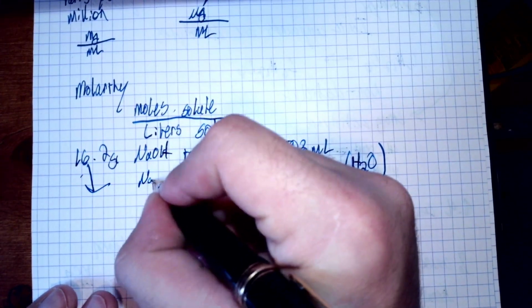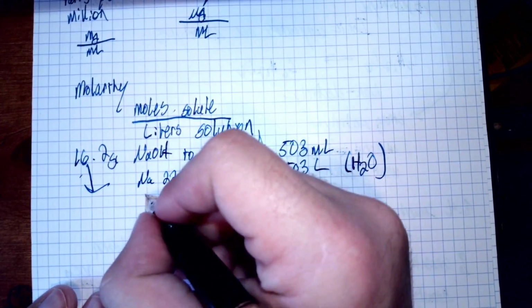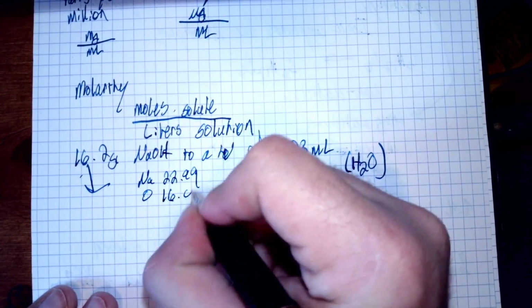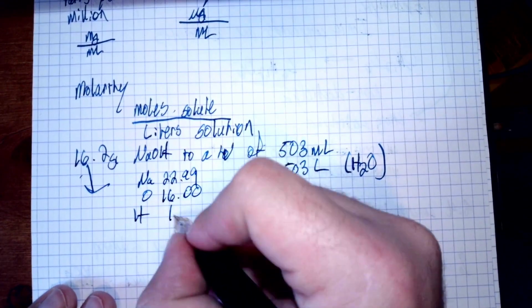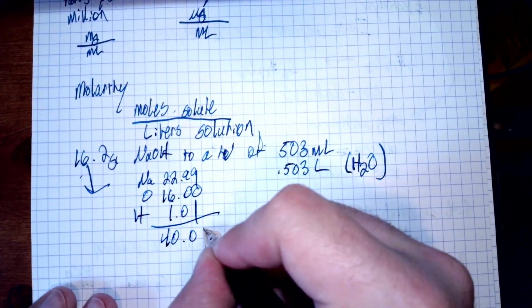Okay, Na 22.99, that's from the periodic table. O is 16.00, H is 1.01. Add these up, we should get 40.00.